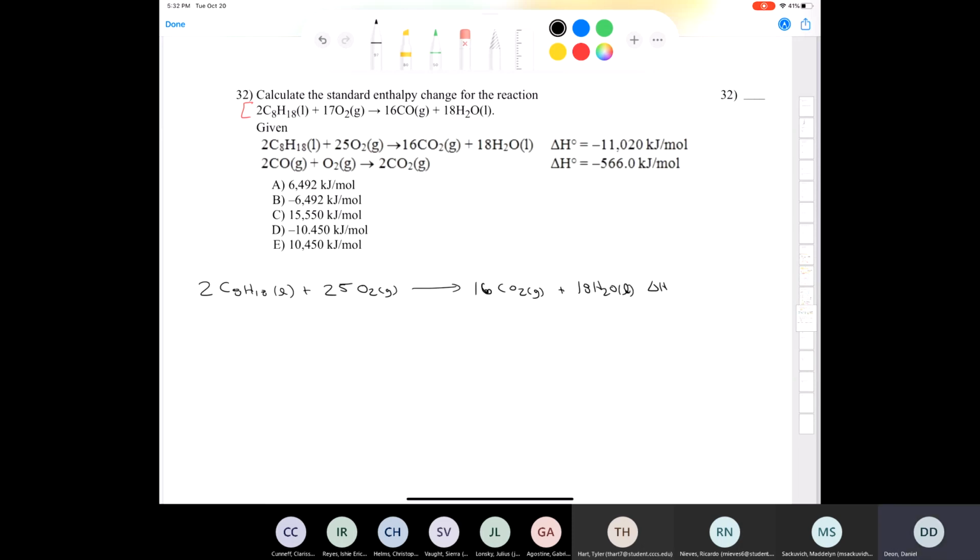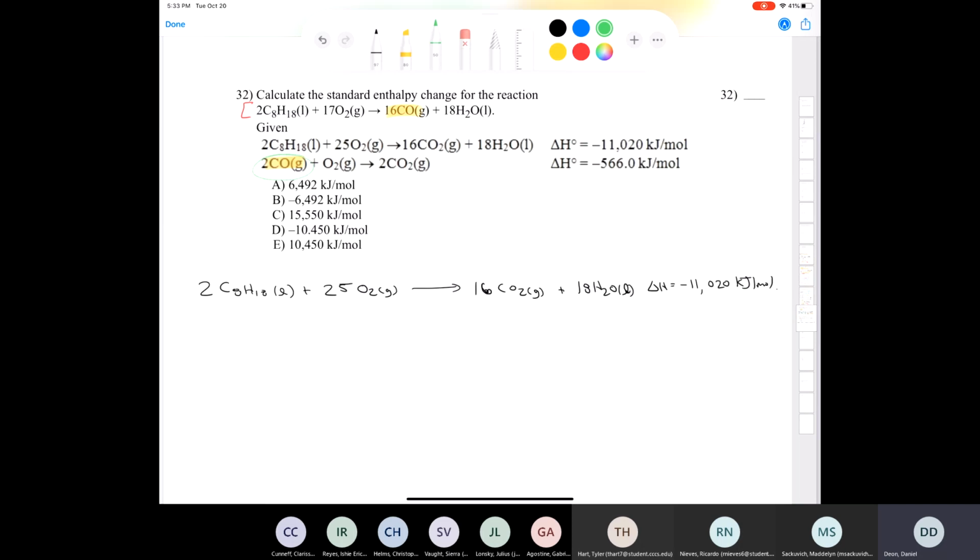The delta H for this reaction is negative 11,020 kilojoules per mole. Now let's examine this a little bit closer. You can see that you want to end up with 16 moles of carbon monoxide. The only place I have carbon monoxide in either of these equations is right here where I'm circling in green.